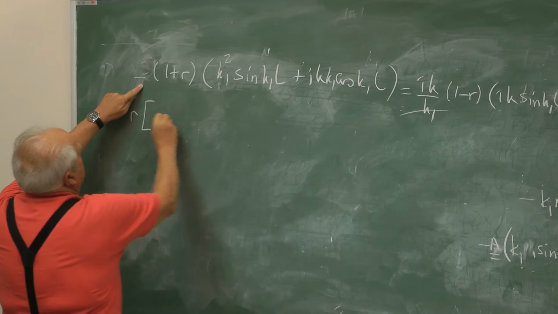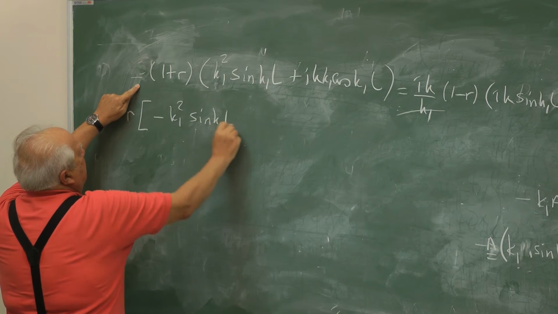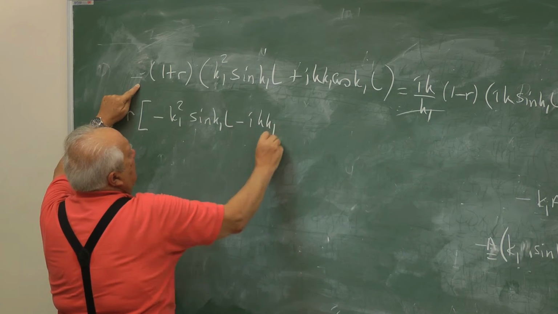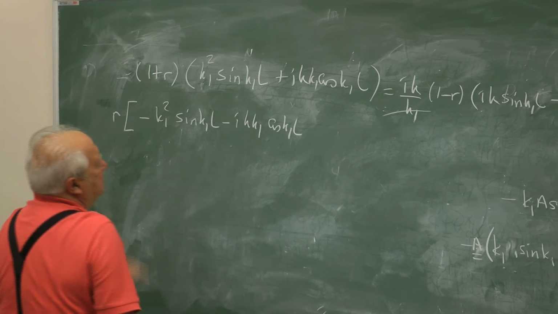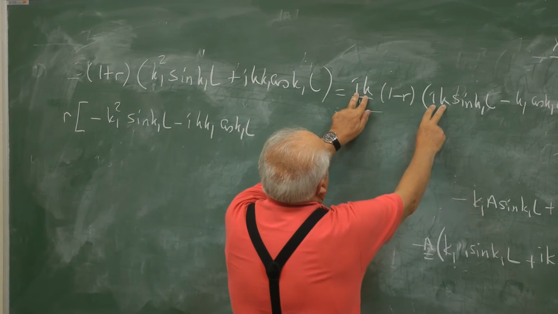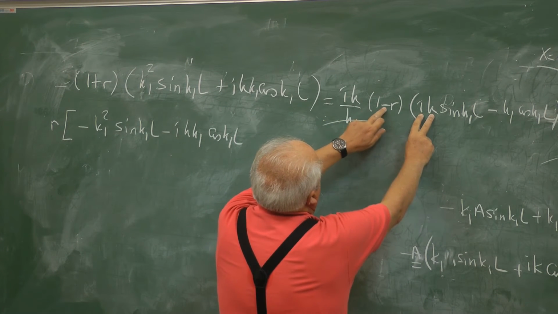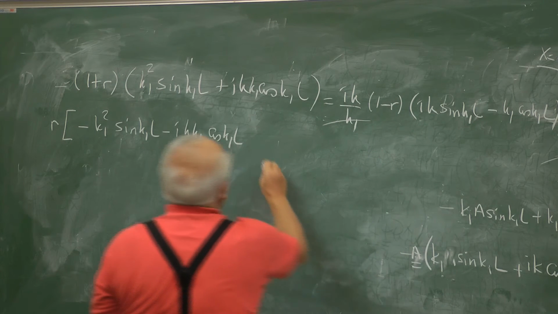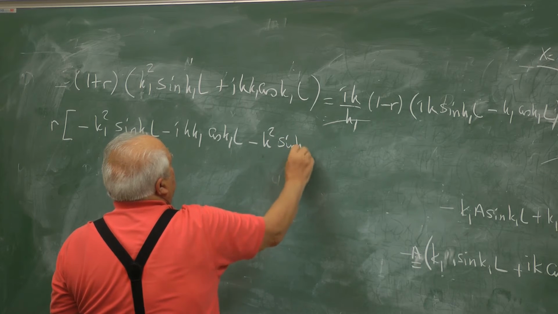This is minus k1 squared sine k1L minus ik k1 cosine k1L. This gives me minus k squared, multiplied by minus r is plus, taken to the other side is minus. So it is minus k squared sine k1L.